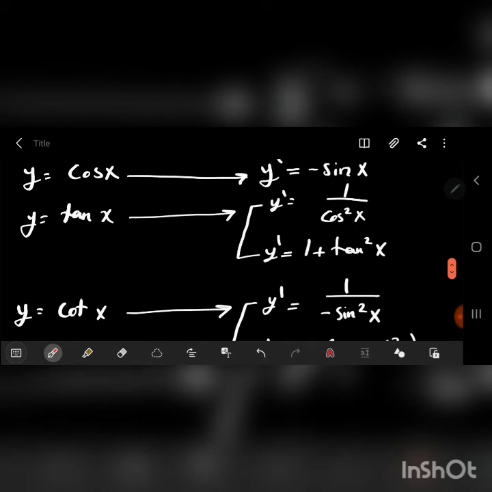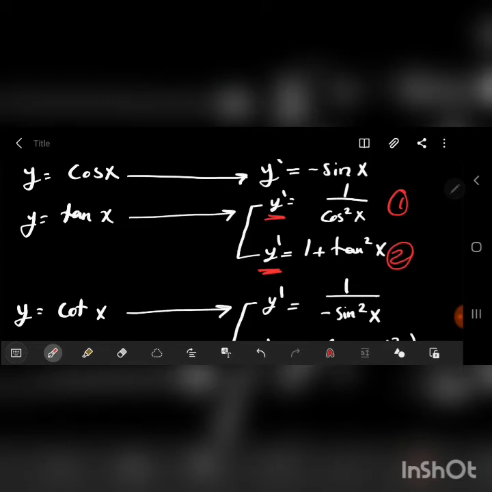The third, y equal to tan x, its derivative is either y prime equal to 1 over cosine square x, or y prime equal to 1 plus tan square x. Either this one or this one.